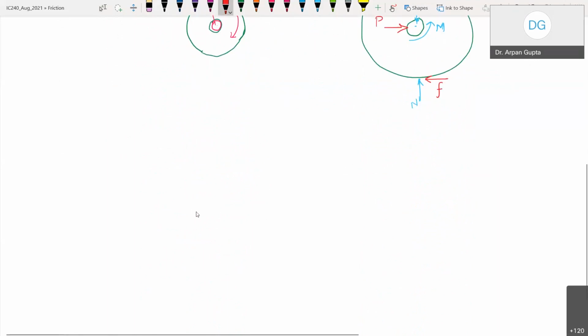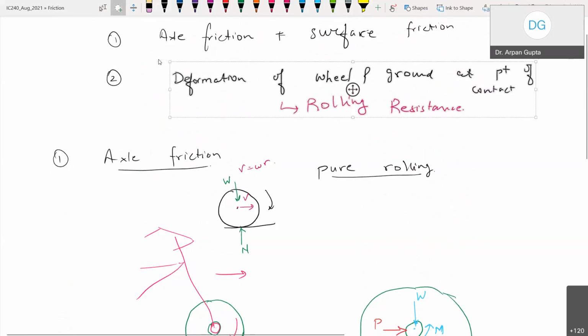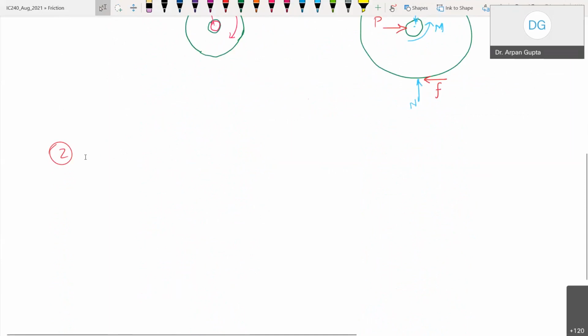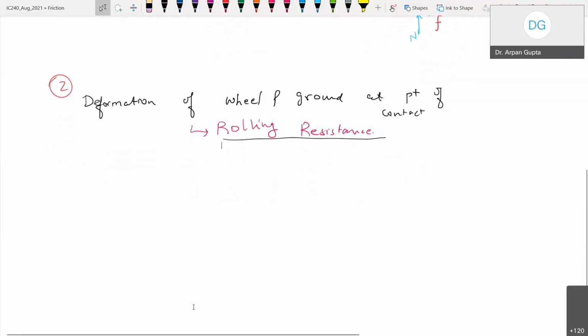Let's quickly move to the second type of force, which is due to the deformation. The second is what is called rolling resistance, and rolling resistance is due to the deformation in wheel and ground.